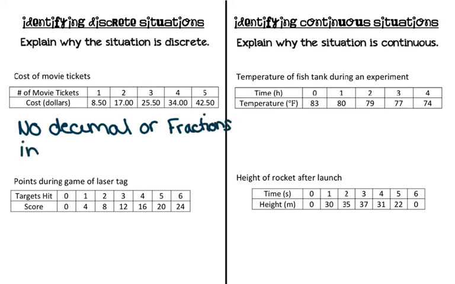In the domain. Okay, so the domain would be the number of movie tickets. You're not going to buy a half a movie ticket.